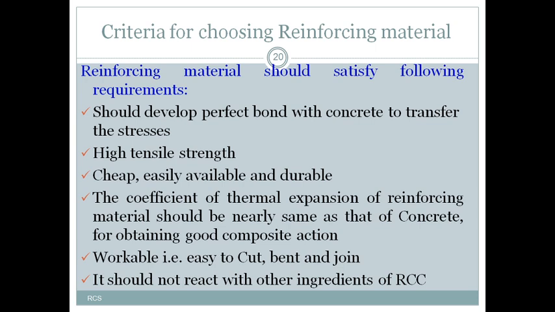Workability means easiness of handling that particular material. That means it is easy to cut, easy to bend, and easy to join. And finally, the material should not react with any other ingredients of RCC.